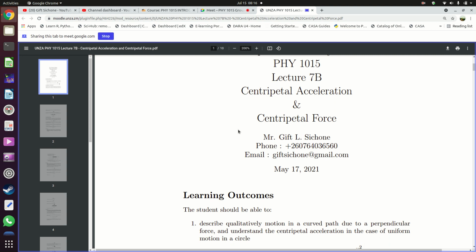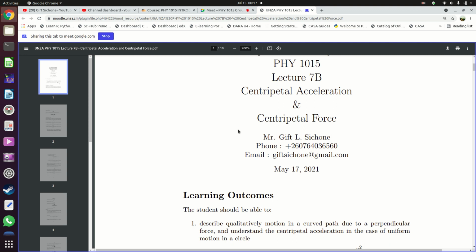Whenever you have an acceleration, there has to be a force causing it. The force causing the acceleration is related to the acceleration and the mass of the accelerating object through Newton's second law of motion: F equals ma. So if we have an object whose direction is changing as it moves around a circle, then we have something called centripetal acceleration.